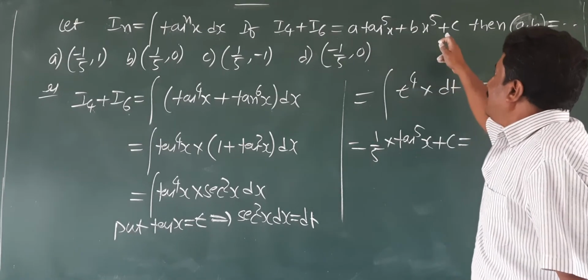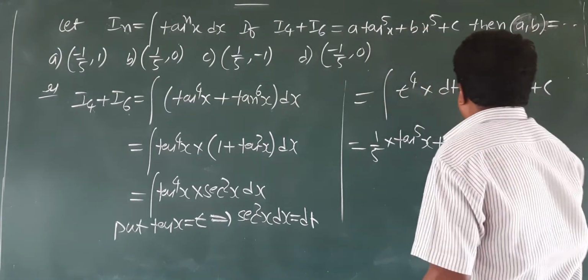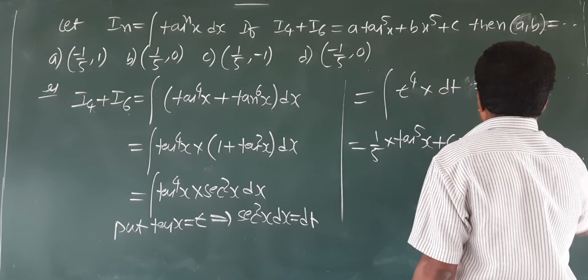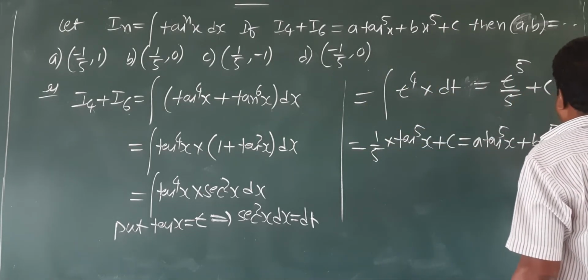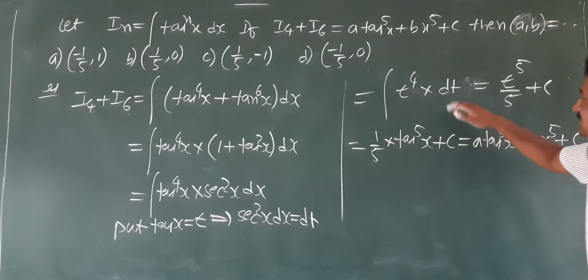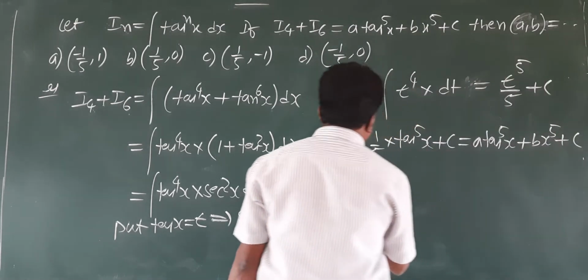You compare this obtained answer with the given answer. The answer given for us is a tan power 5x plus b x power 5 plus c. Now compare both. In the place of a, a is equal to 1 by 5.